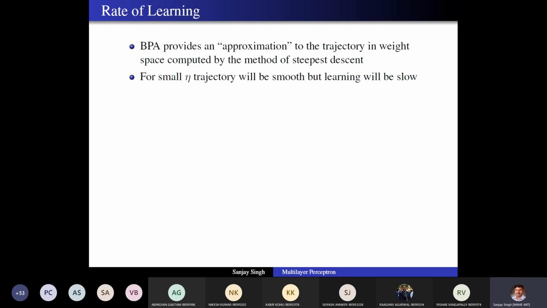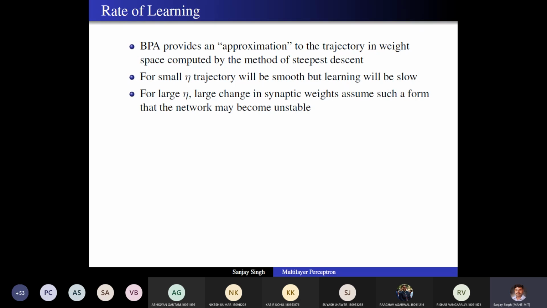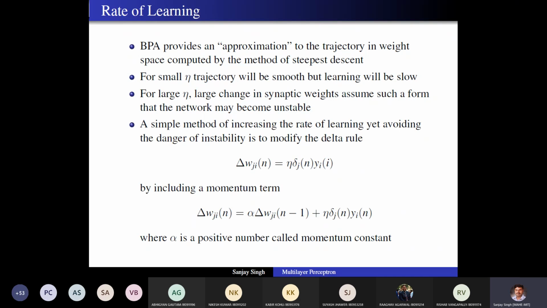The trajectory is moving towards the global minimum of error energy in the weight space. For a large change, the synaptic weights will assume such a form that the network may become unstable. A simple method for increasing the rate of learning, yet avoiding the danger of instability, is to modify the delta rule.